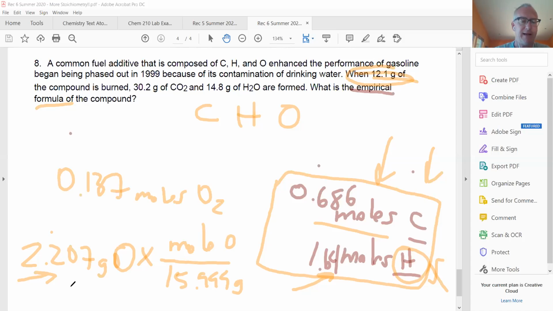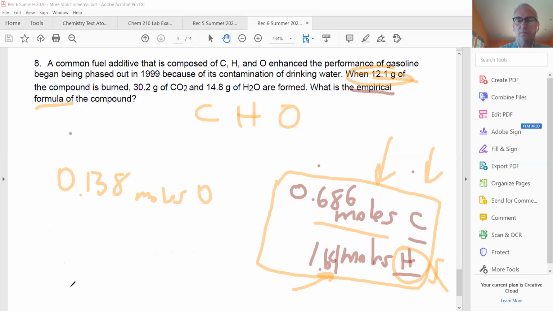I keep putting O2 there, I apologize, just force of habit. So I've got 0.686 moles of carbon, I have 1.64 moles of hydrogen, and I have 0.138 moles of oxygen. How am I going to turn that into a formula? Divide by the smallest one?